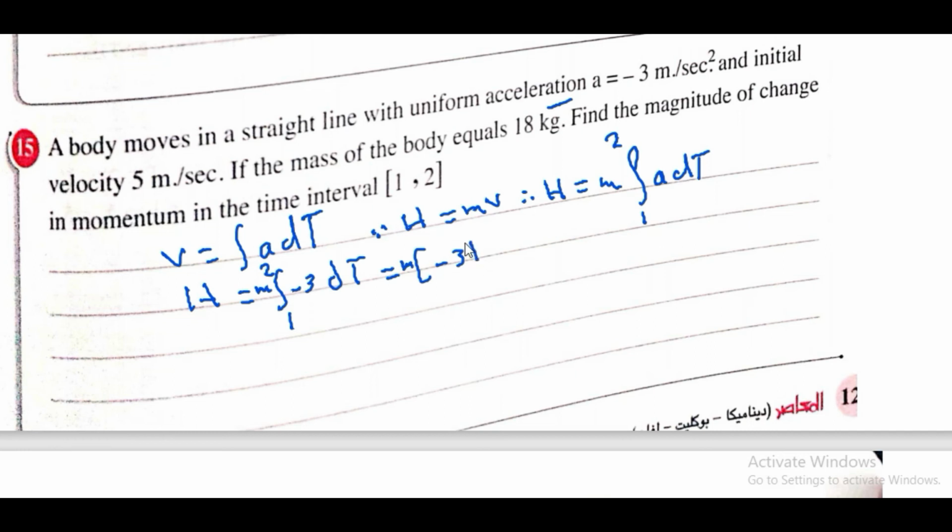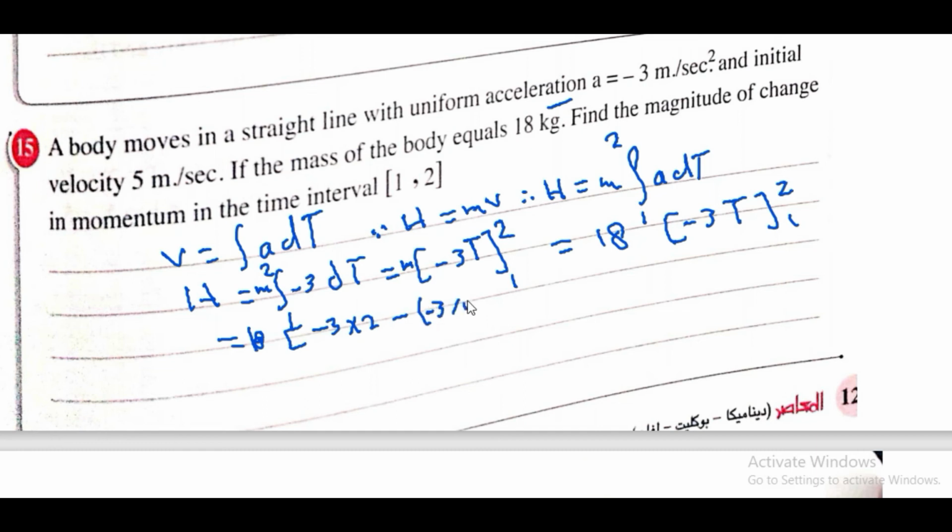M equals 18 kilogram. Integration of negative 3t from 1 to 2. We do the integration: equals 18 multiplied by negative 3 times 2 minus negative 3 times 1, equals negative 6 minus 3, equals negative 54 kilogram meter per second.